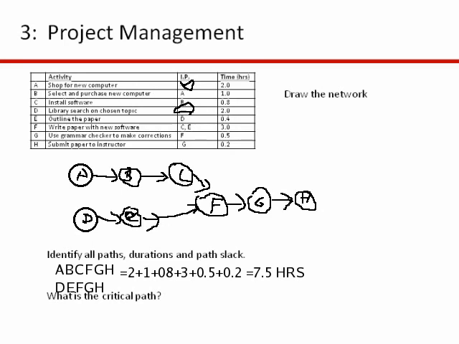And then for the southern path, again, you're going to just add up the time. So activity D is going to be 2. Activity E is going to be 0.4. Activity F is 3. And then G is 0.5. And then H is 0.2.